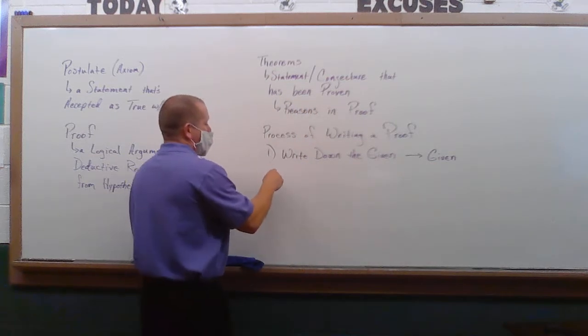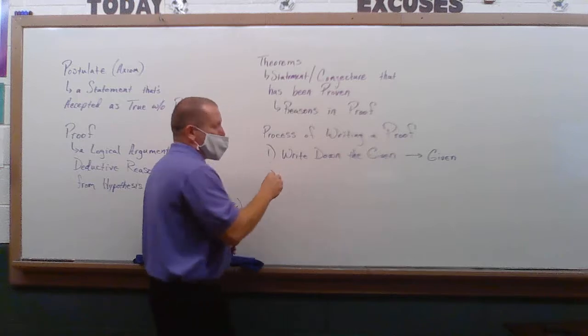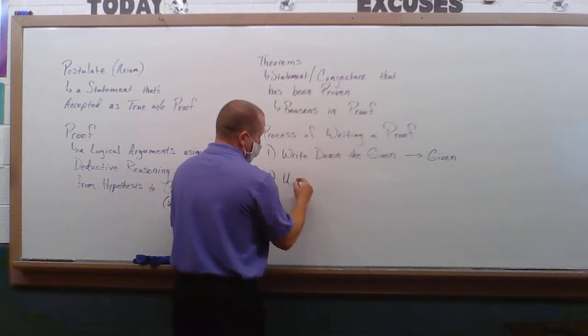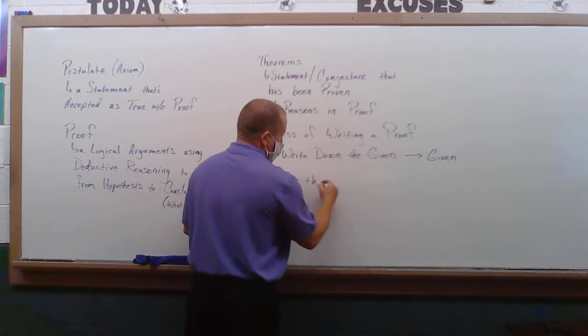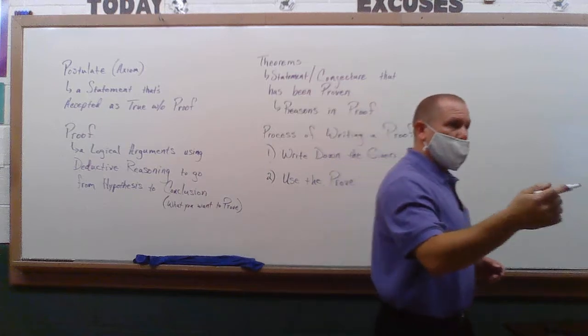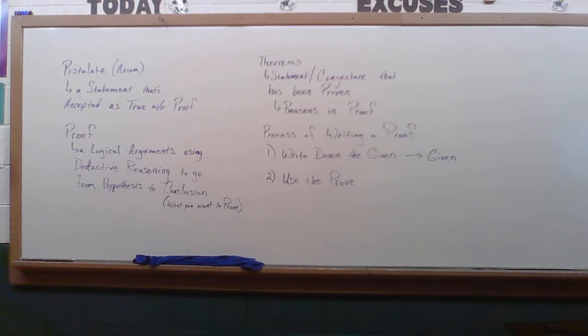Okay? The second thing. Now you might not do this in this particular order, but every single proof is going to give you a given, and they're going to give you a prove at the very beginning. The given is your first step, and the reason why is it's given. The prove is your answer. That's what you're trying to prove through your process. But it is the answer why.